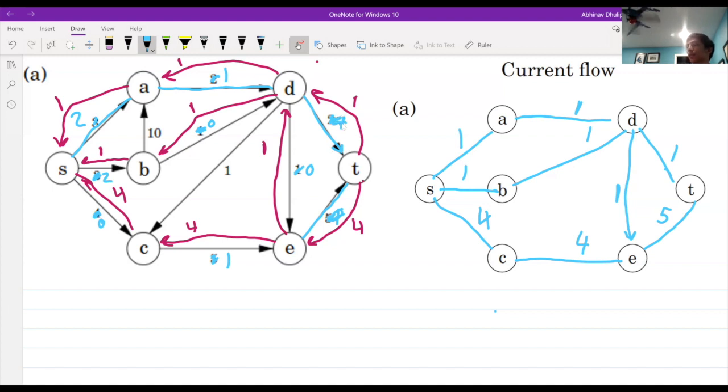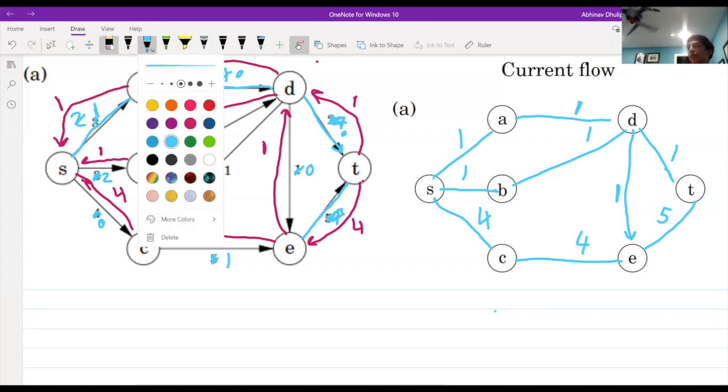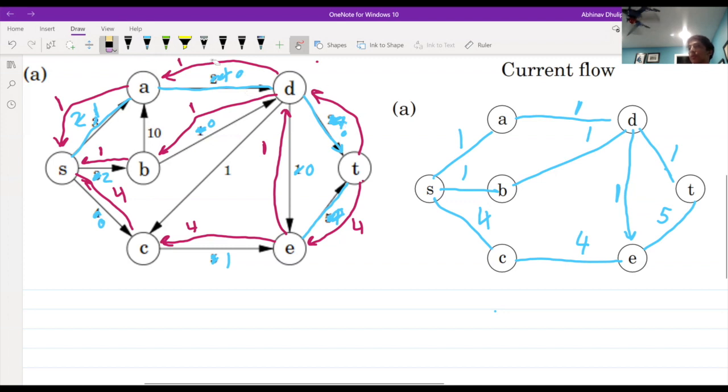So now this is saturated to 0. This is saturated to 0. This is saturated. This still has 1 unit of flow we can push left. Because of the bottleneck, we can't push more. So we still got 1 left. And then let's update our residual graph, right? So those are all 1s.